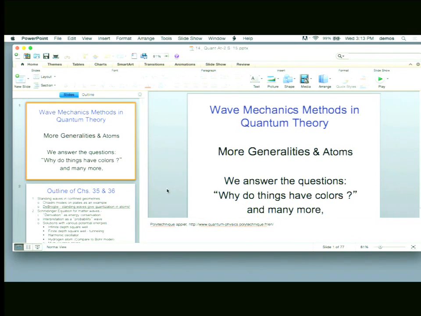Namely, we have these so-called quantum levels. So I started to talk about, suppose I have a closet of a certain shape. I can have them of odd shapes.